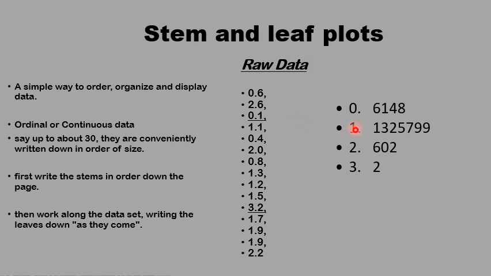1.1. This is the 1 point in the stem, and then you put a leaf here at 1.1, and so on. 0.4 is next. This is where you put the leaf with the stem at the 0 point, and then 2 point, the stem at 2 point, and then you put the 0.8 again, and so on.